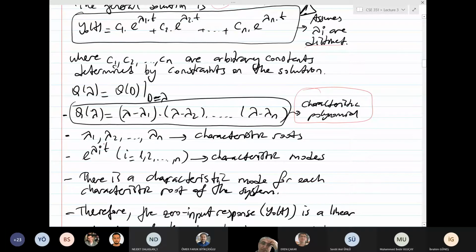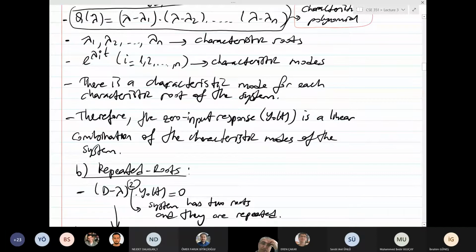In this equation, lambda1, lambda2, up to lambda n are called characteristic roots. And exponential lambda i t, where i is 1 up to n, are called characteristic modes. For each characteristic root of the system, we have a characteristic mode.